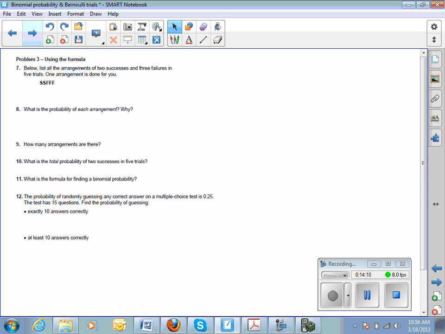So we have an example here of some outcomes, and we could imagine that this experiment that we're doing might be rolling a die again, or flipping a coin, or free throws, or something. But it's a binomial probability. So binomial, of course, means 2 names, or in this case, 2 outcomes. So success would represent a positive outcome, and failure a negative outcome.